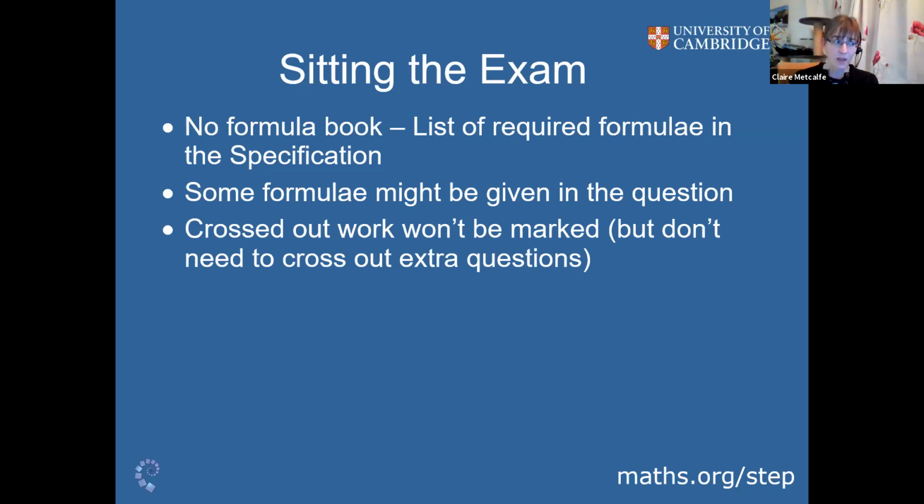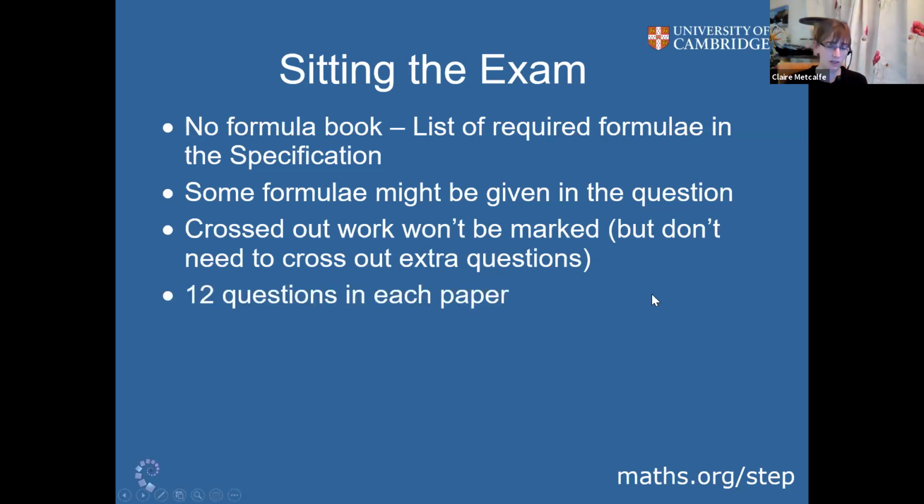So one of the things to tell your students is don't cross out an attempt at a question until you've replaced it. It doesn't matter if they attempt more than 6 questions, that's absolutely fine. But if they attempt more than 6 questions and they cross out one, that extra one just does not get considered.